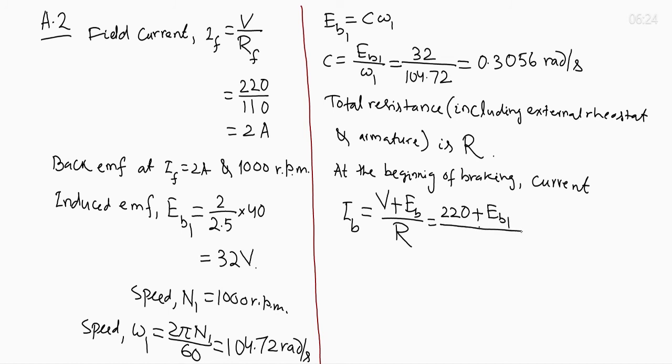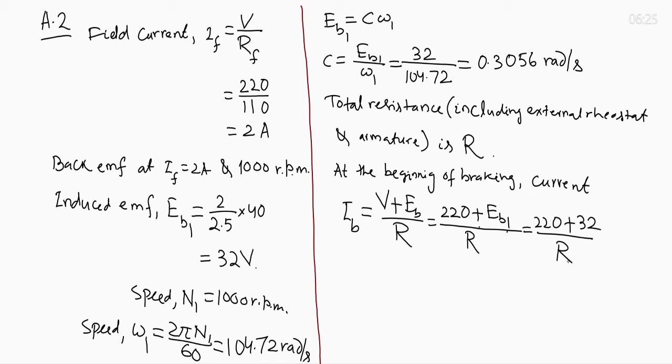Induced EMF is EB1 divided by R, and EB1 corresponding to N1 is 32 volt, so 252 by R. So, this is the braking current magnitude.